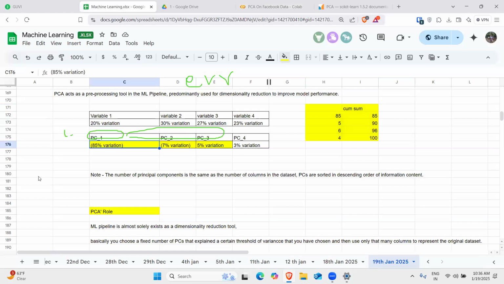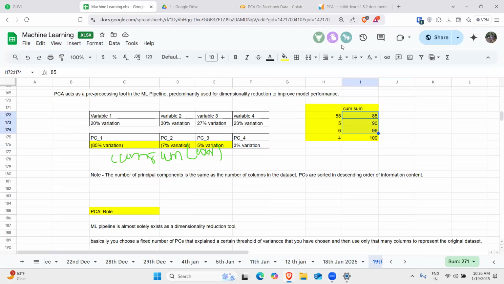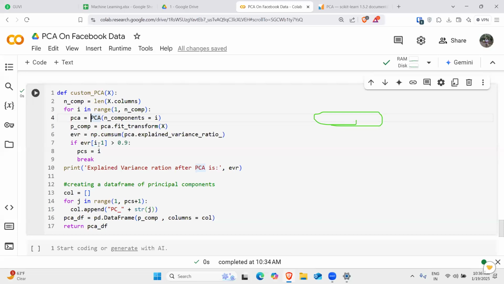So we are taking the cumulative sum of that explained variance ratio, evr. That's how this will take place, right? And the moment we achieve the 90% threshold, we'll stop it over there only, right? So here, if evr[i-1] is greater than 0.9, if it is greater than 90%, pcs = i, and we are going to break that loop.